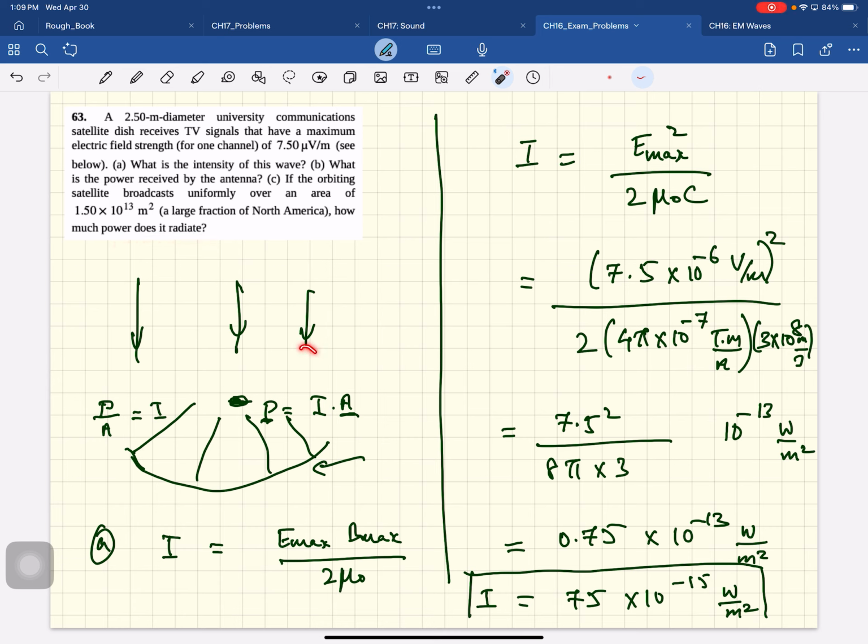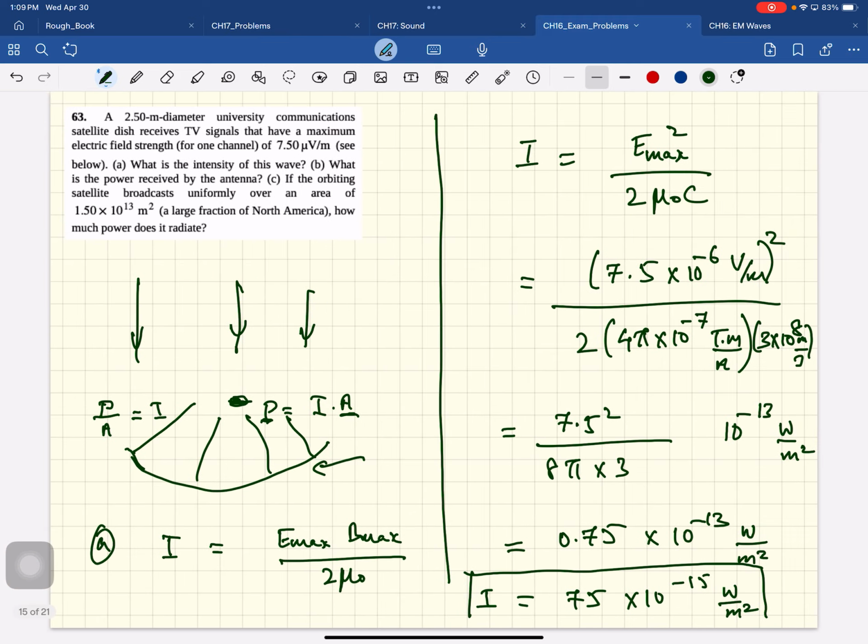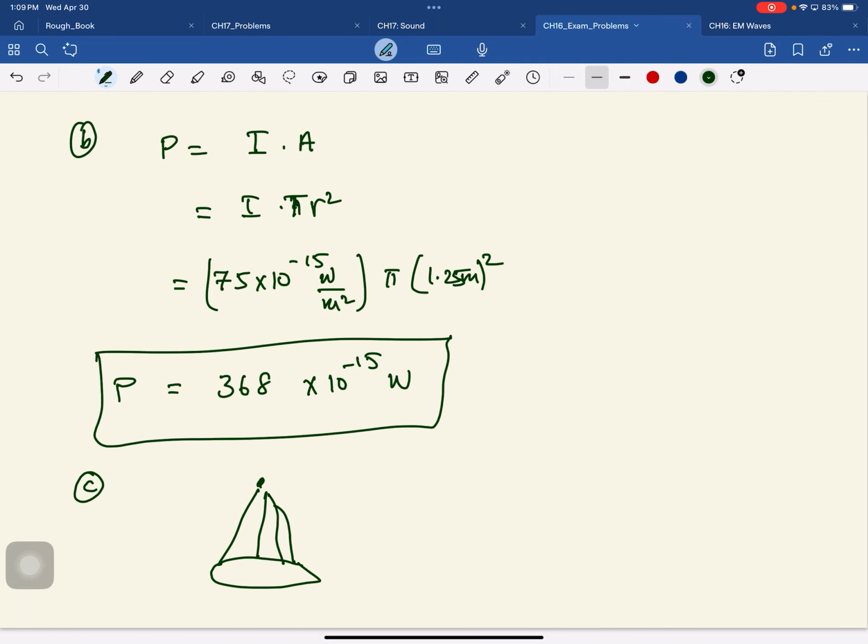So the intensity reaching the ground is this much, and we'll have to multiply by this area. The satellite up in space is radiating power, and the area being covered is 1.5 times 10 to the 13 meters squared.